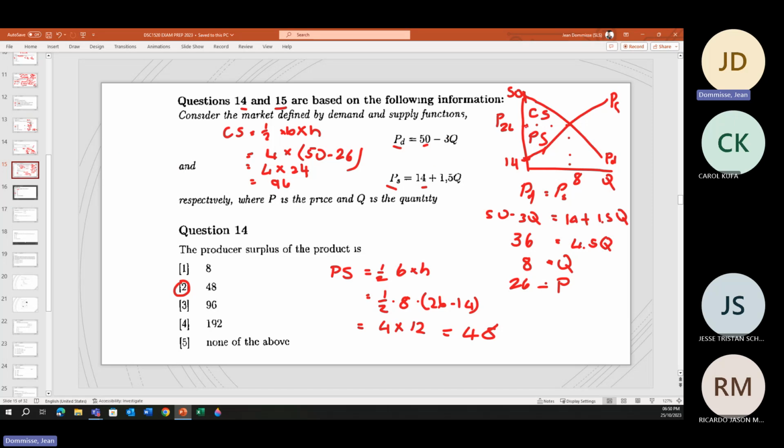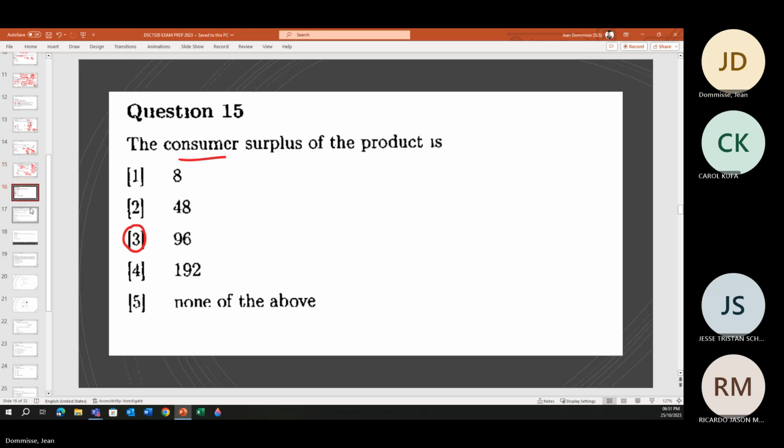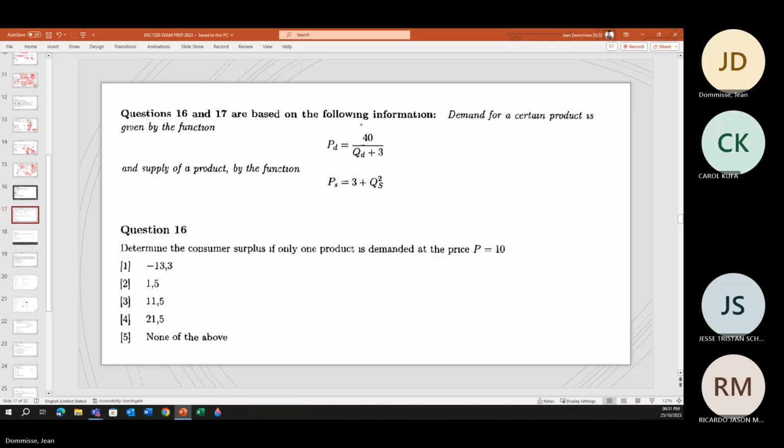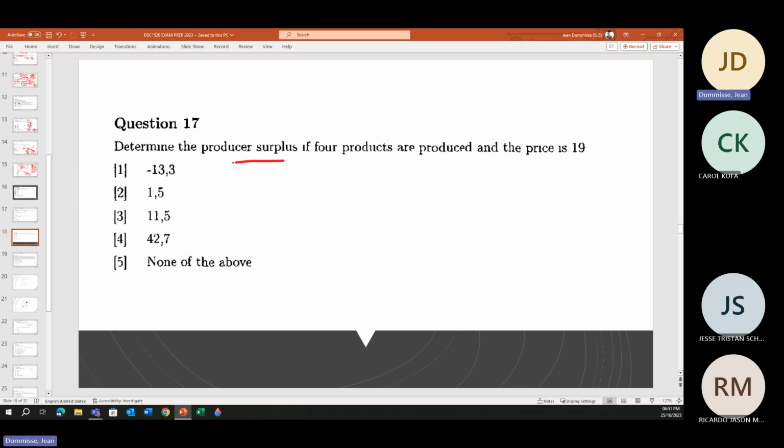So we did the consumer and producer surplus for linear equations. Now we have again that we need to work out the consumer surplus, was the next one, and even then producer surplus.